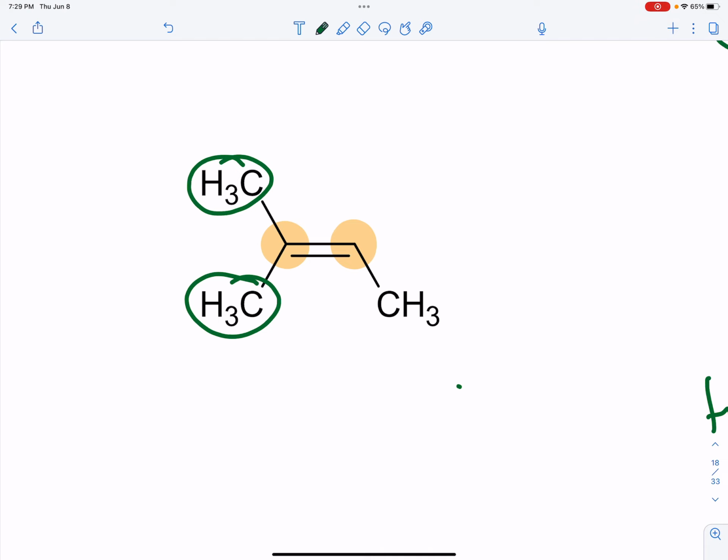Why not? Well, a simple way to understand why not is imagine taking those 2 groups and switching them. Trade places. Because they're identical, trading places will not in any way change the molecule. So therefore, it will not have a cis or trans geometry.